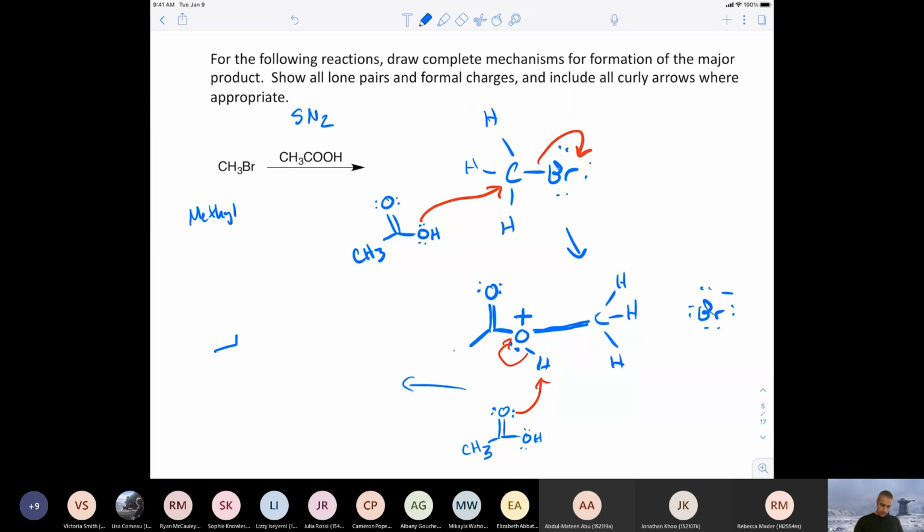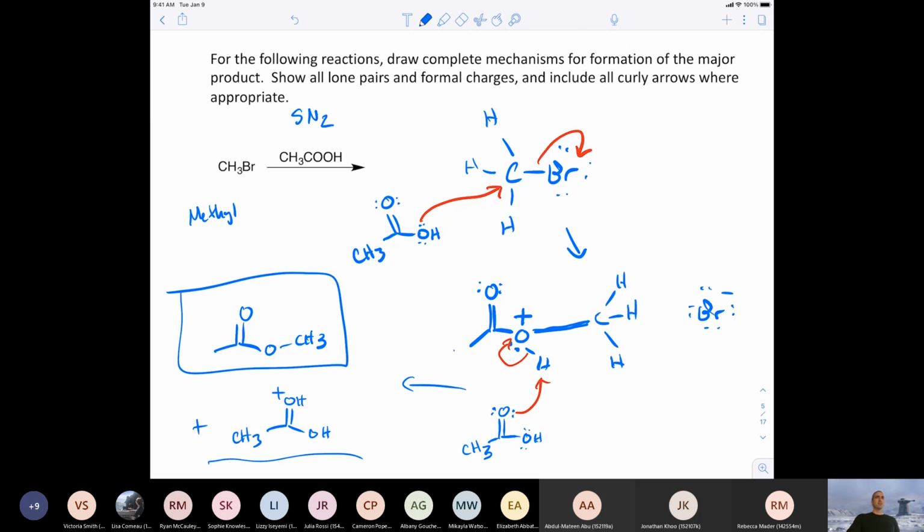So this makes, you know, this isn't a great structure here, but at least it's resonance stabilized. Not so bad. Could be worse. And this will be our product. We made an ester, starting with methyl bromide.